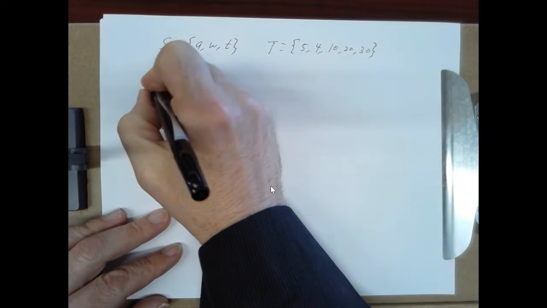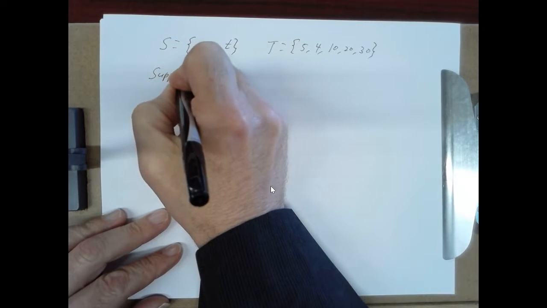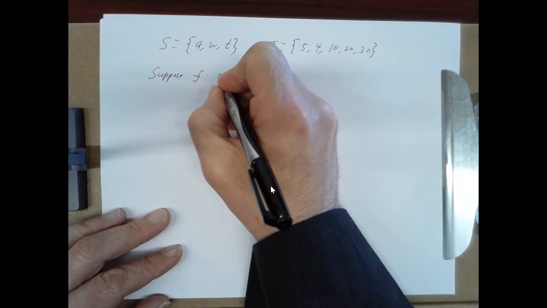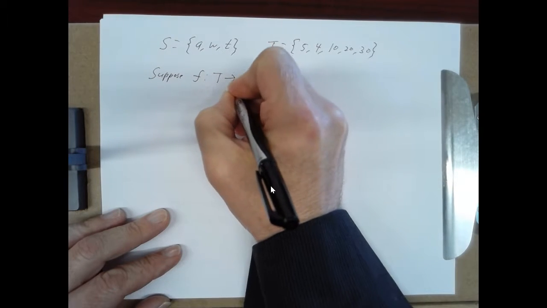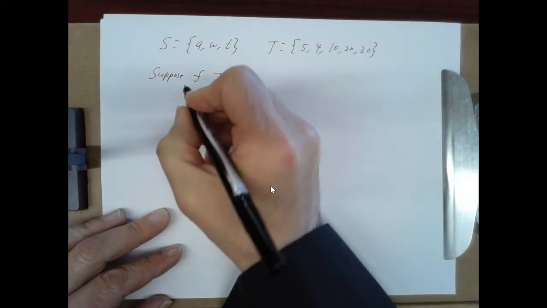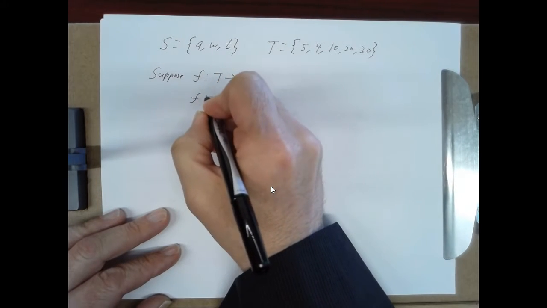And suppose f goes from T to S. So it's mapping from this set to this set. And our mapping is defined as follows.